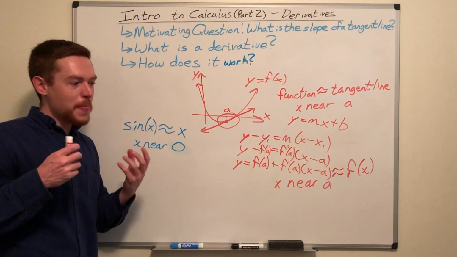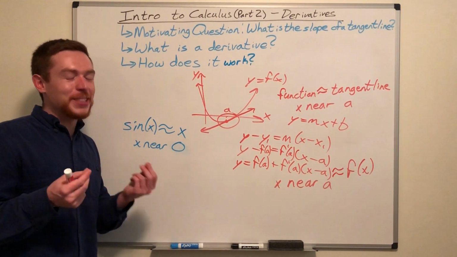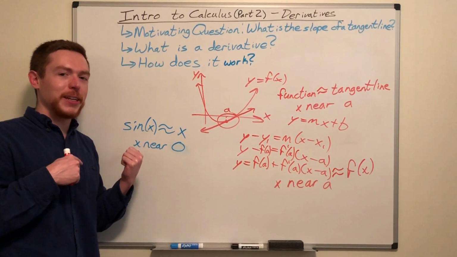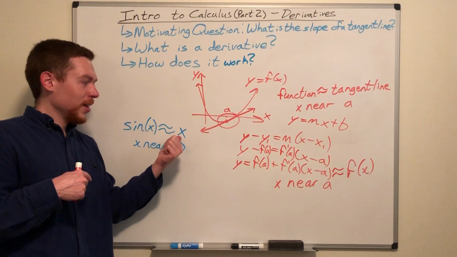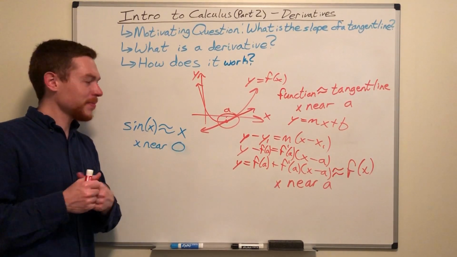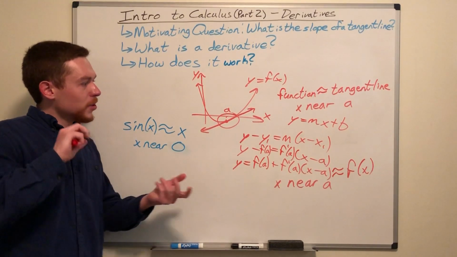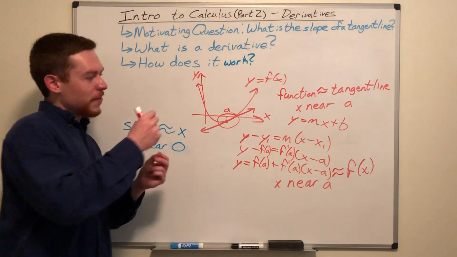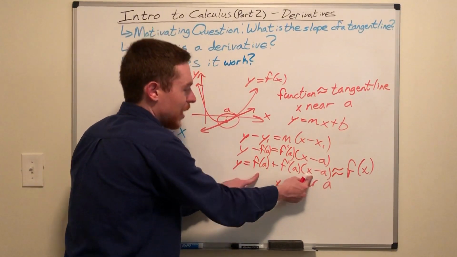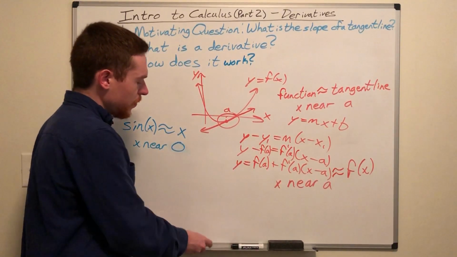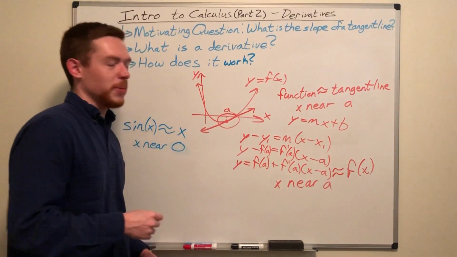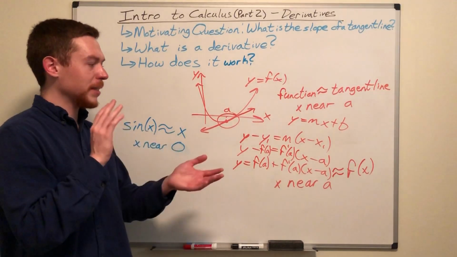And that's really nice, because most people don't like trig, so rather than deal with something really complicated like sine, I can just deal with the function y equals x, which is a lot easier to deal with. Does that make sense, this idea of approximating the complicated function with the linear function, the line? Basically because by picture, the two are indistinguishable from one another. They look basically the same.